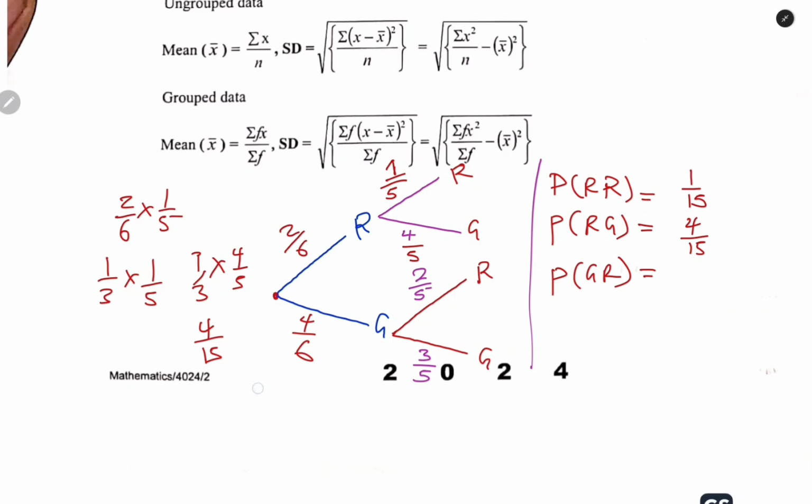It is 4/6 multiplied by 2/5, which is going to give us 8/30.